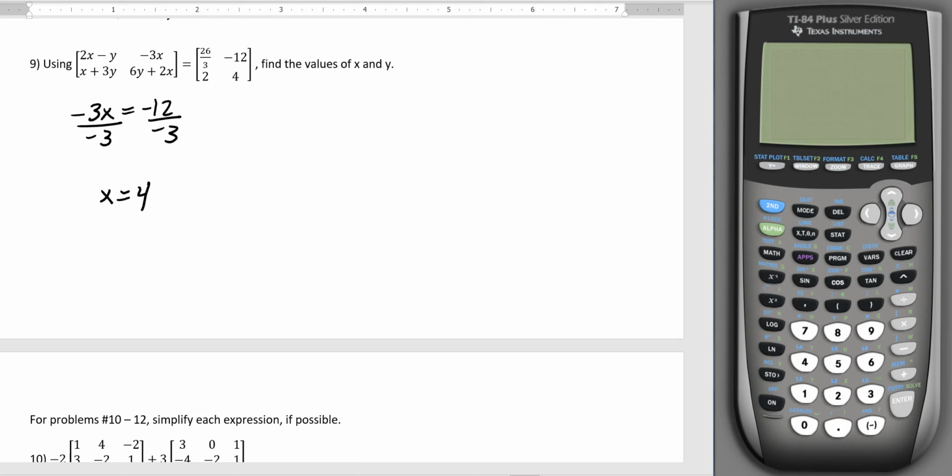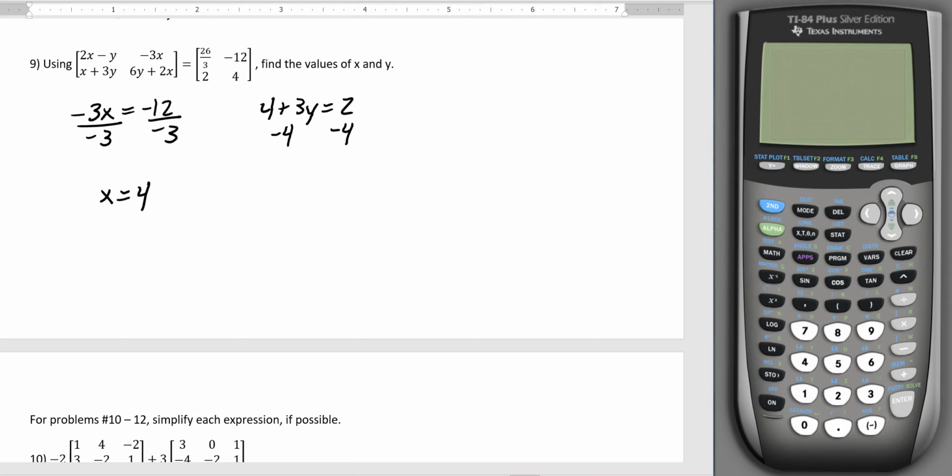Okay, so now that I know x is 4, I can pick any of these to plug in. I see this one here, x plus 3y, so it would be easy to just plug in: 4 plus 3y equals 2. I got that 2, of course, from the bottom left here. So I need to subtract 4 from both sides.